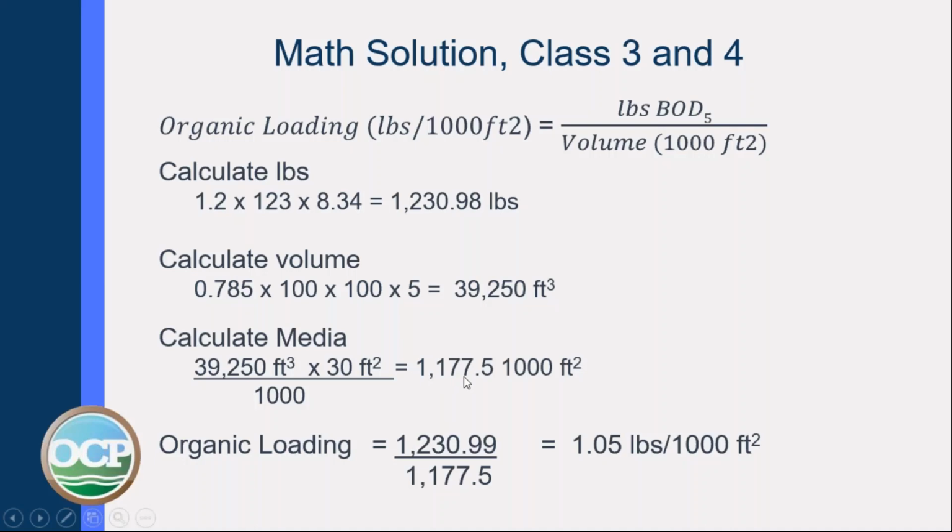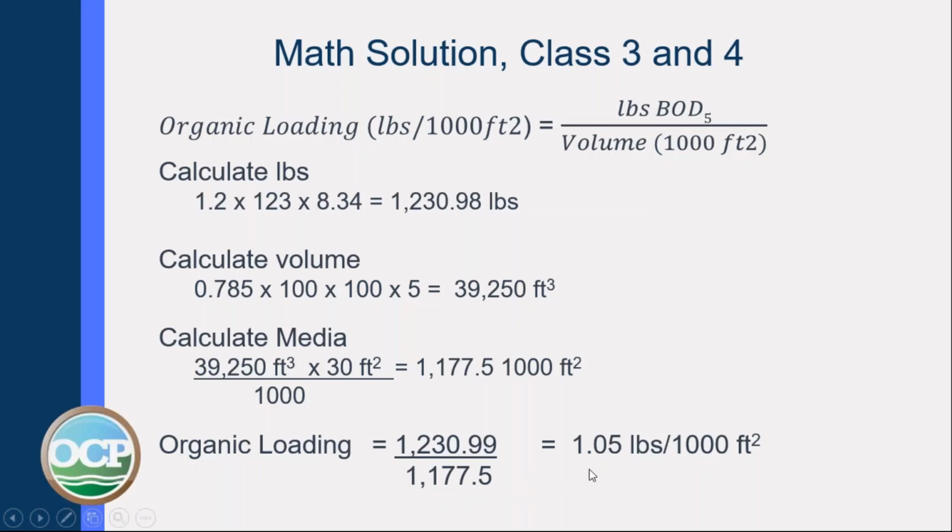1,177,500 square feet. You divide it by 1,000 because we want 1,000 square foot units. So that gives you 1,177.5 1,000 square foot units. Take your BOD, 1,230.99, divided by 1,177.5 1,000 square foot units.